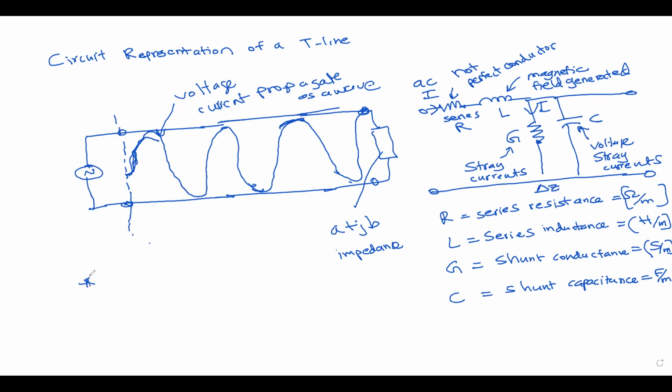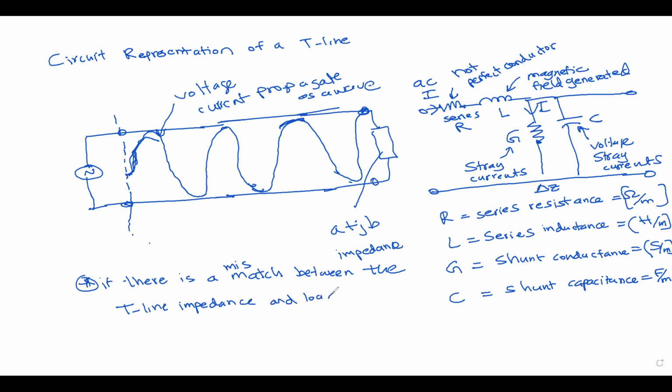If there is a mismatch between the impedances, the T line impedance and the load, then a reflection will happen.